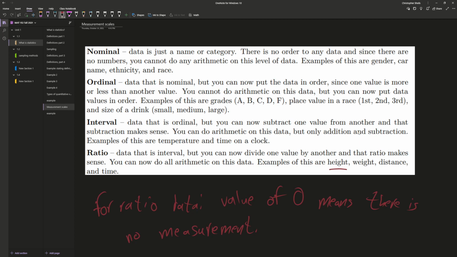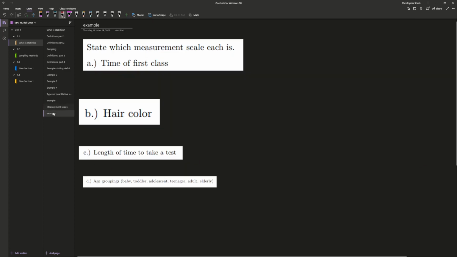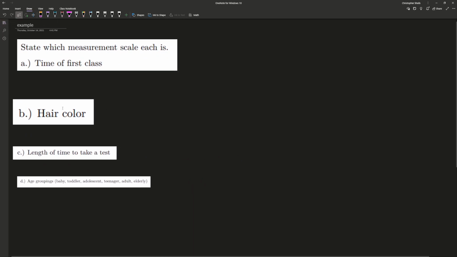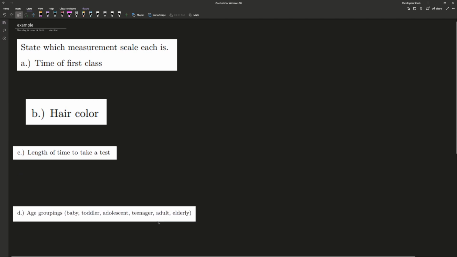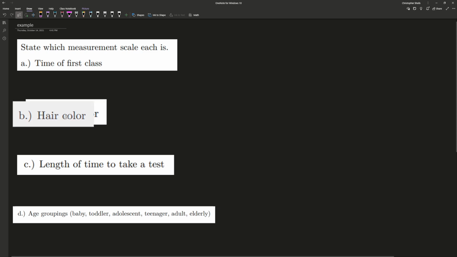Or if you have $0 in your bank account, it means that you don't have any money, right? So that's a big distinction between interval and ratio data. So basically, if there's no absolute 0 like that, or if the 0 does not mean that there is no measurement, then we're looking at interval data.